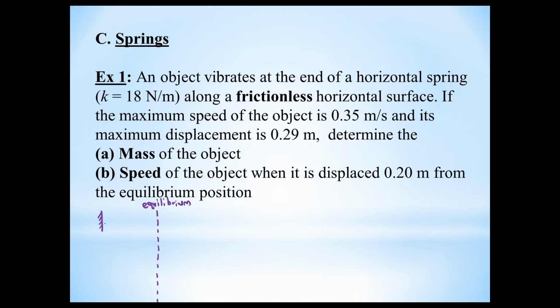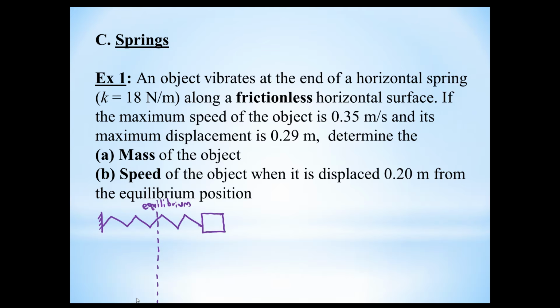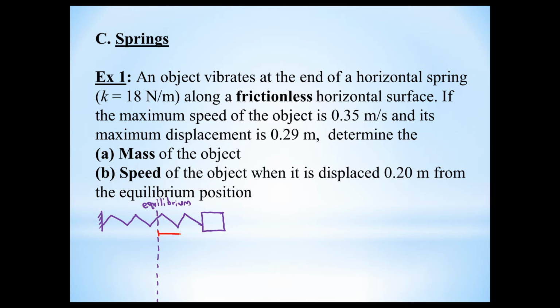Now we start off with our mass located 0.29 meters away from equilibrium. So this dimension, let's do it in a different color. So from equilibrium to here would be 0.29 meters.